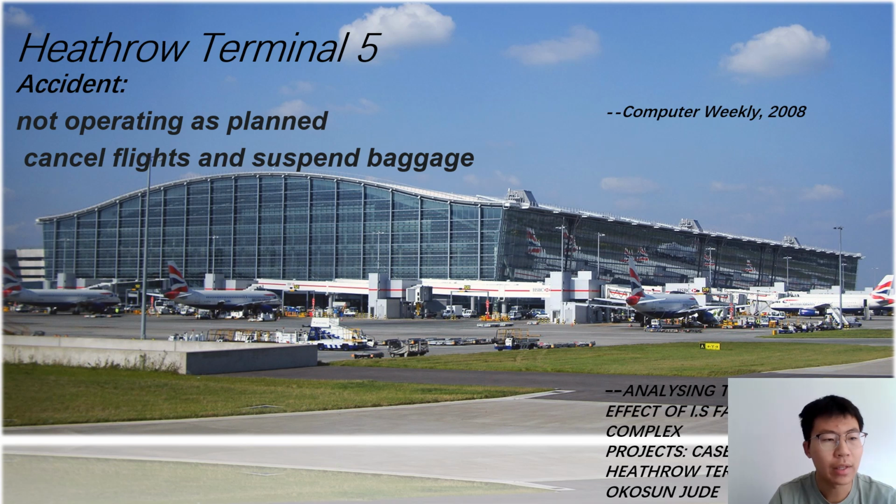Over the following 10 days, some 42,000 bags failed to travel with their owners, and over 500 flights were cancelled. British Airways was not able to operate its full schedule from Terminal 5 until 8 April 2008, and had to postpone the transfer of its long-haul flights from Terminal 4 to Terminal 5.